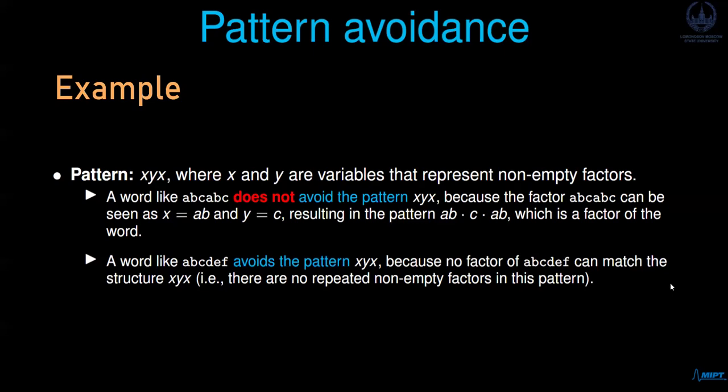We can identify X as AB and Y as C. Substituting into the pattern XYX, we get AB C AB, which is indeed a factor of ABCABC. So the pattern XYX is present here, meaning this word doesn't avoid the pattern.